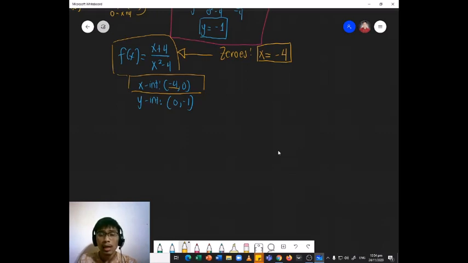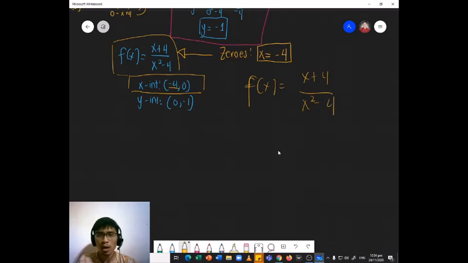Meaning, for us to find the value, having x equal to negative 4 will make the equation equal to 0. Let me rewrite it again. This is now f of x is equal to x plus 4 all over x squared minus 4.